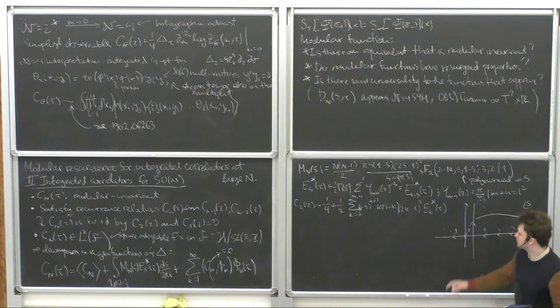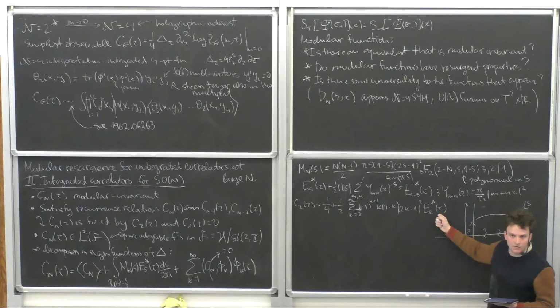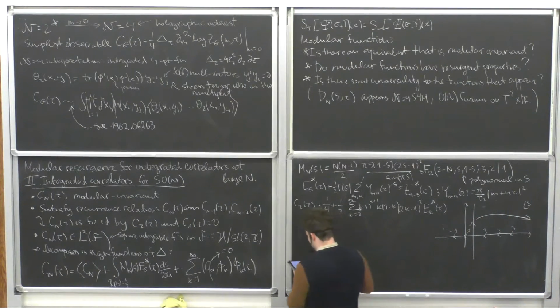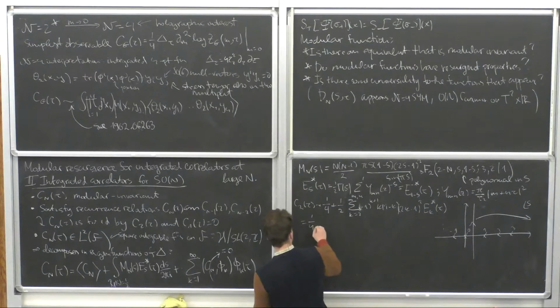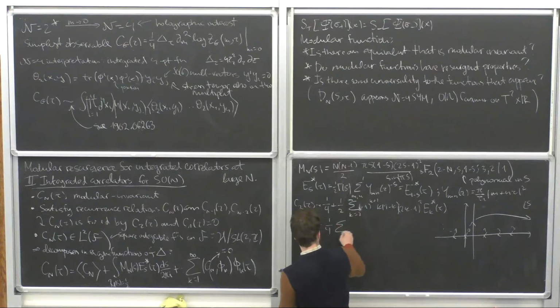So now we've generated a formal series. This doesn't converge for any value of tau, and we want to resum it somehow. A natural way to do it is to use an integral representation for the Eisenstein series.